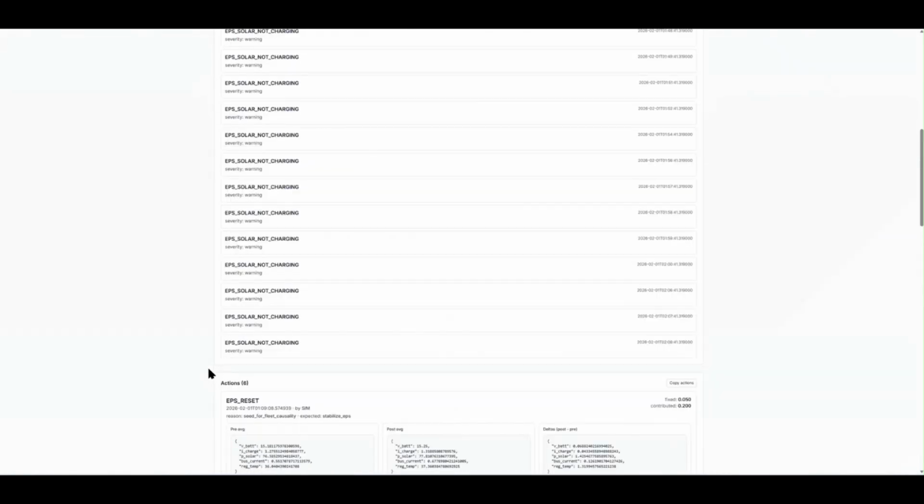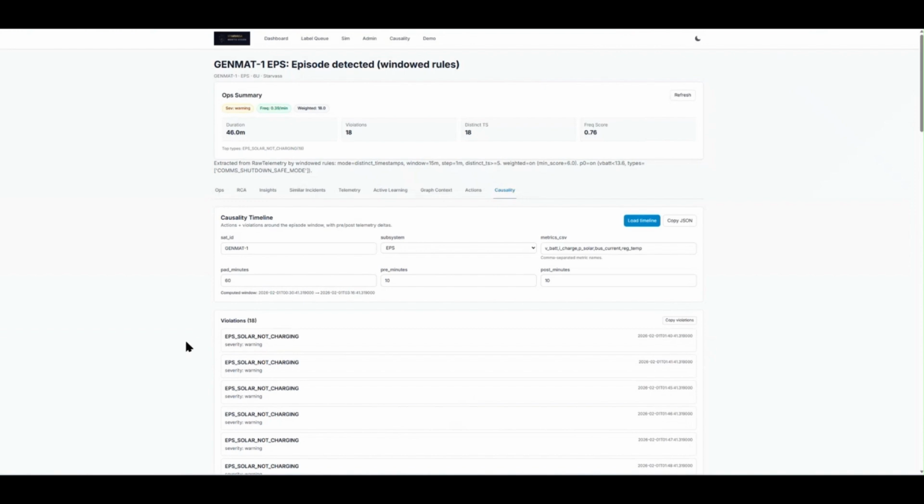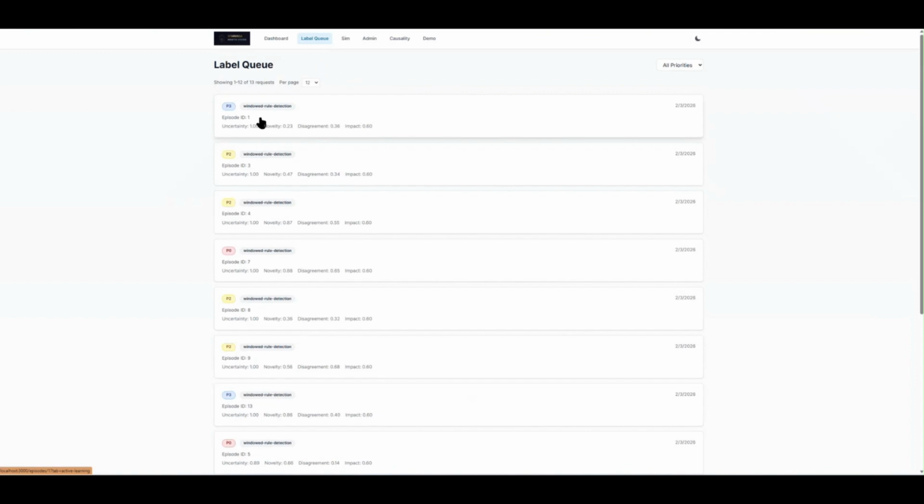That is at the episode level. Then there's the label queue. The label queue is where the system asks a human, there's some ambiguity here. There are some heuristics or rules based on which it decides to put certain things in. Episode 2 probably had clarity, so it didn't ask to be labeled, but others meet the criteria and it puts them in the list.